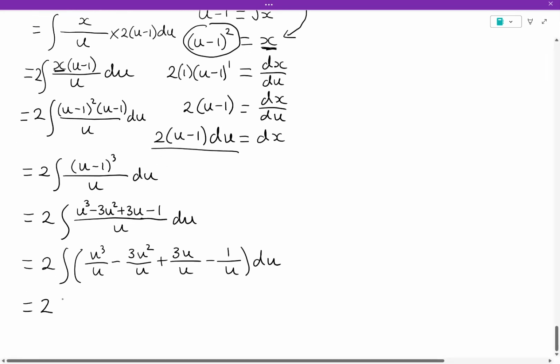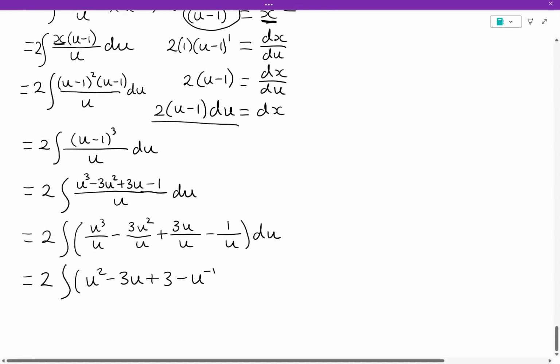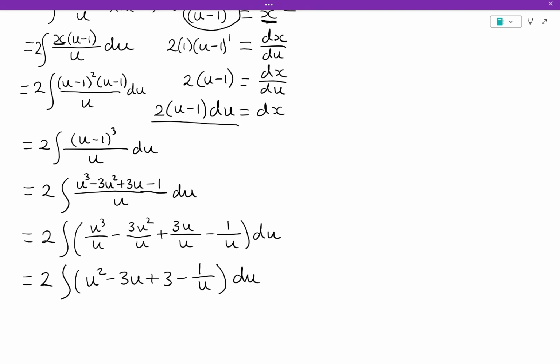Then let's go through and simplify each fraction individually. So I would get u squared, and then it would be take away 3u, and then it would be plus 3, and then we've got negative u to the power of negative 1 if I don't want to write u in the numerator. However, I don't like the negative 1 power, so actually I'm going to leave it as 1 over u with respect to u.